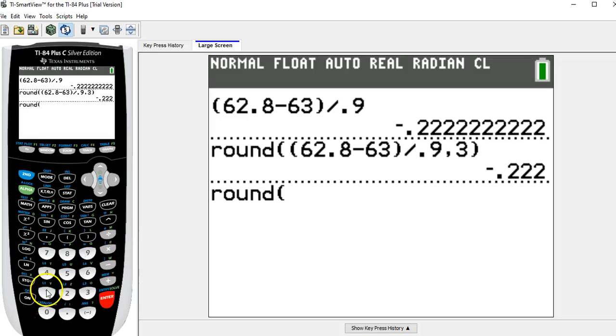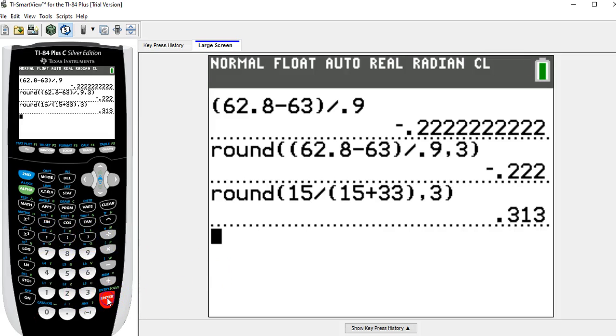The numerator doesn't need a parentheses because it's a single number. But the denominator, which is more than one number, needs a parentheses. 15 divided by 15 plus 33. Close off the parentheses, and to round it to 3 decimal places, comma, 3. Close the parentheses, and that gives me 0.313 rounded to 3 decimal places.